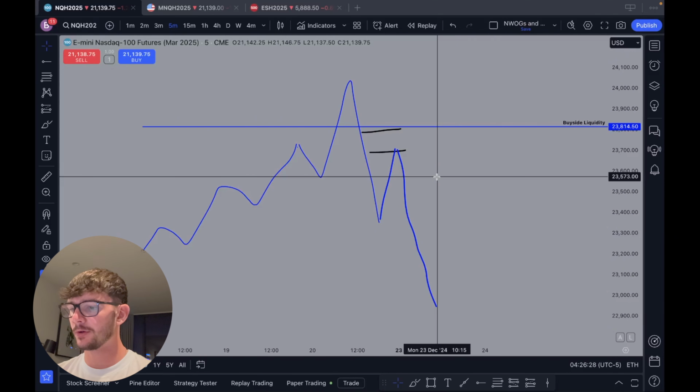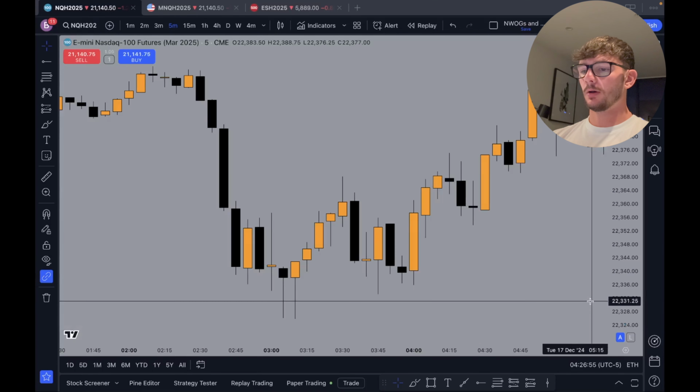fair value gap. So if you don't know what a fair value gap is, a fair value gap is essentially a 3-candle pattern that you'll see on these charts, where the first candle will print, the second candle will print a further leg, and then the third candle will print a further leg on top of that. And the middle candle won't be overlapped by the first and third candle.